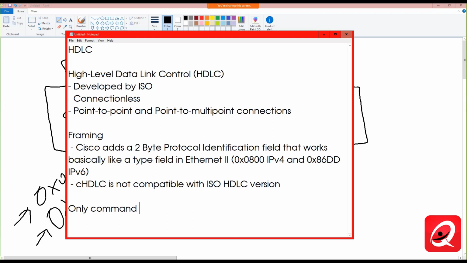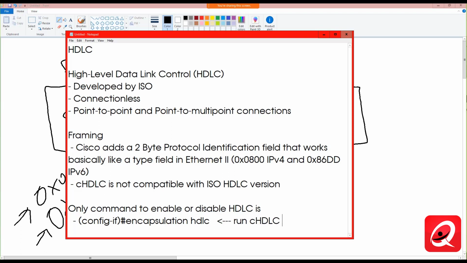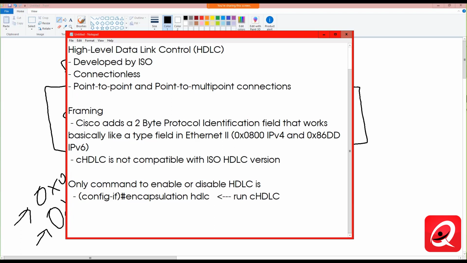The only command to enable or disable HDLC is, under interface config-if, encapsulation hdlc. Keeping in mind, of course, that this is going to run CHDLC by default.